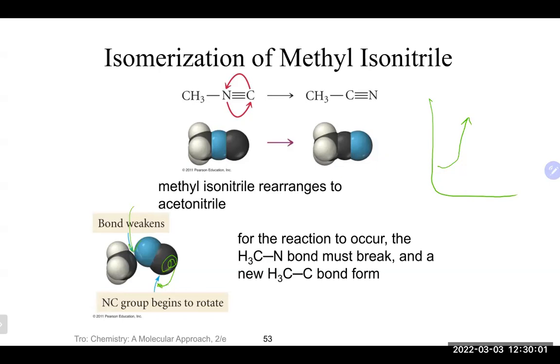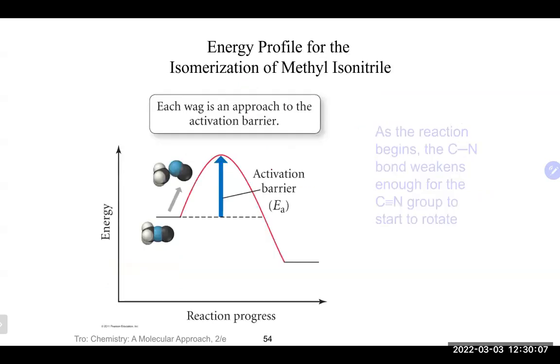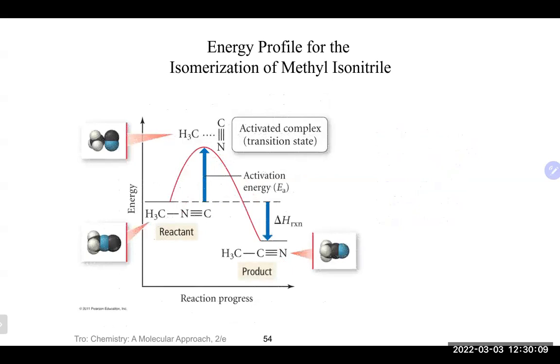As it goes up that hill to the transition state, it starts to move around and do that. As you can see, as it approaches there, we get this transition state complex where we have partially broken bonds. We're getting some of this rotation to occur, and then eventually it will re-rotate to the proper positioning at the end.